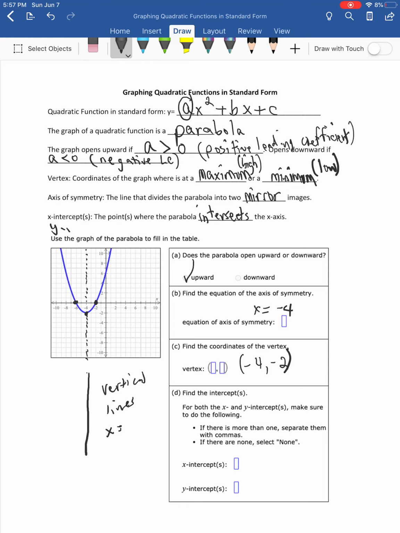The y-intercept, of course, is where it intersects the y-axis. So the x-intercepts are -6 and -2. The y-intercept is +6.